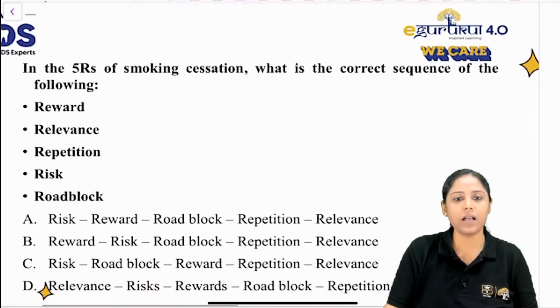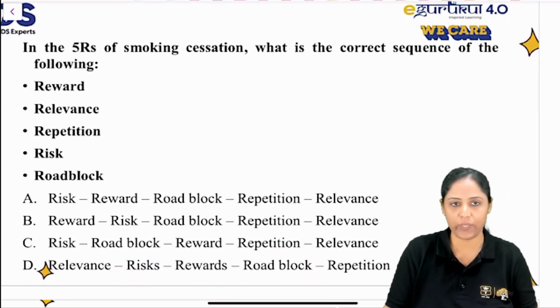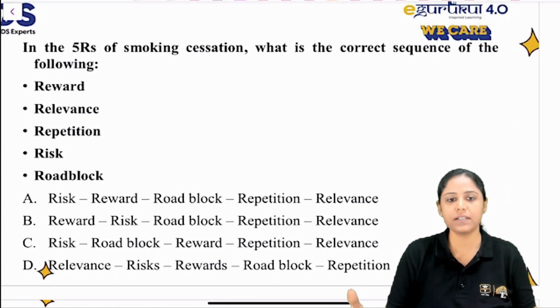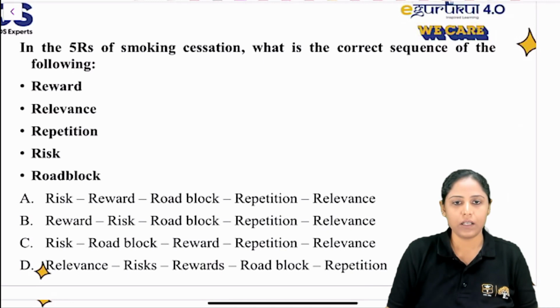In the 5 R's of smoking cessation, what is the correct sequence of the following? So of course the sequence is jumbled up. We can see that reward, relevance, repetition, risk and roadblocks are given. Which is the correct sequence?